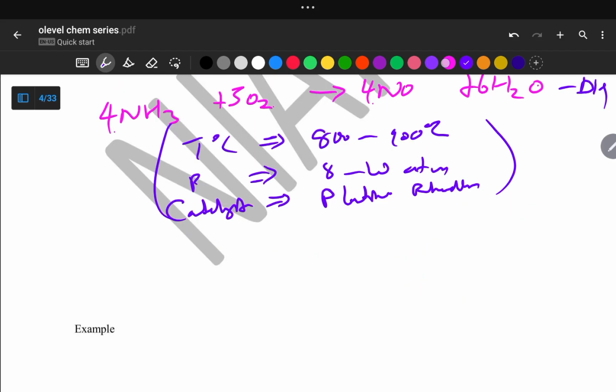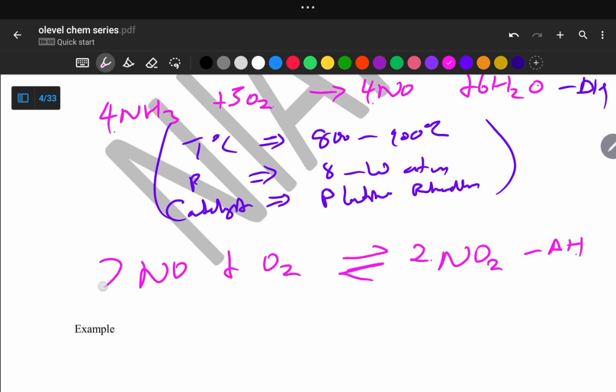So the next stage, we are going to have the oxidation of nitric oxide to give nitrogen dioxide, right? So this is a reversible reaction, which is exothermic in nature, right? And to balance this reaction, we're going to have 2 here, and then a 2 there.